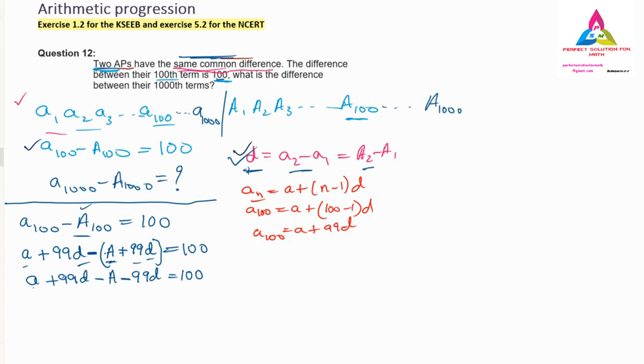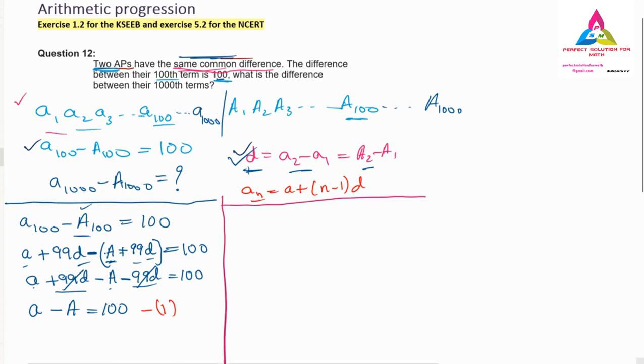So again you can see this is small a, this is capital A, that we can't subtract. So small a I will write as it is, and here 99d is plus, here 99d is negative. Both are the same type of term, so both of them will cancel. Remaining is small a minus capital A, that is equal to 100. So this is our first equation. Very importantly, this one we have to take as equation number 1.